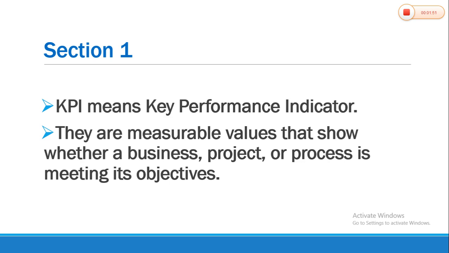Just like in your personal life, you have what you want to achieve for the year. You set goals for yourself, you set targets for yourselves, right? That's the same way companies set goals and objectives for themselves, but these are business goals, right?